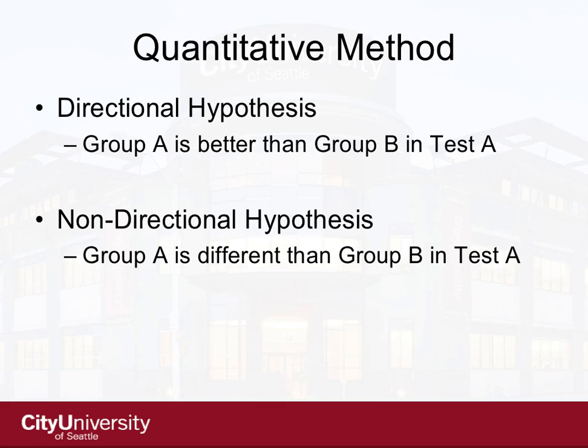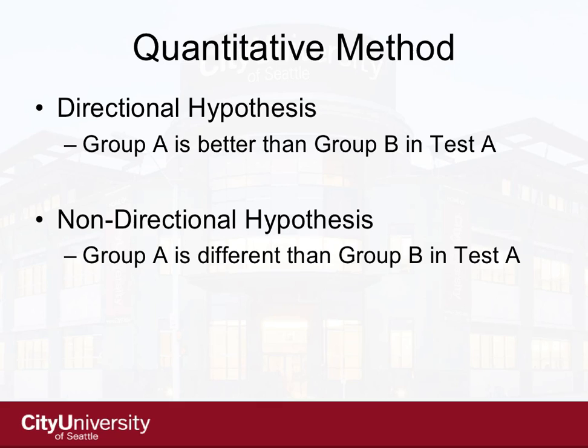Now, a couple things with hypotheses, more accurately. There's a thing called a directional hypothesis. This is saying that group A is better than group B when you apply this test, for example. This is different from a non-directional hypothesis, which says group A is different than group B in the same test.